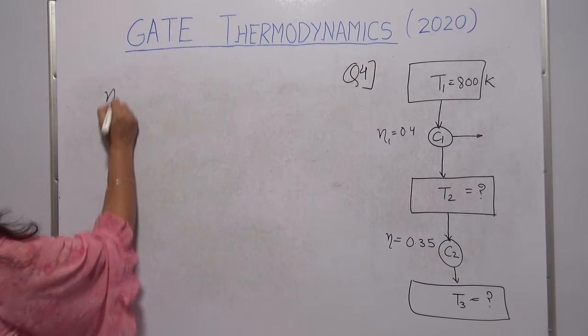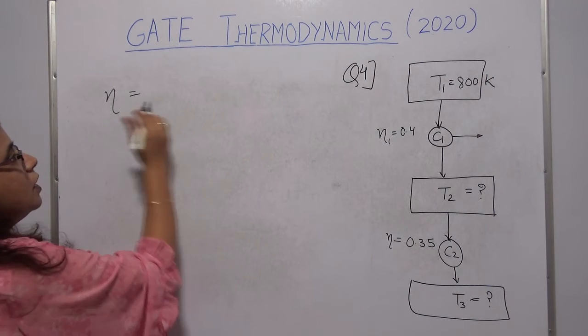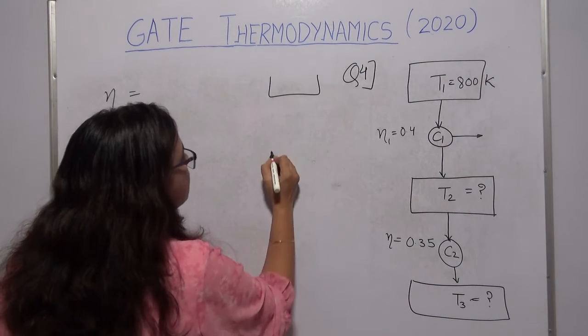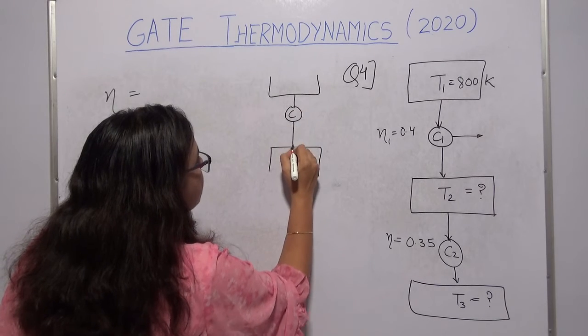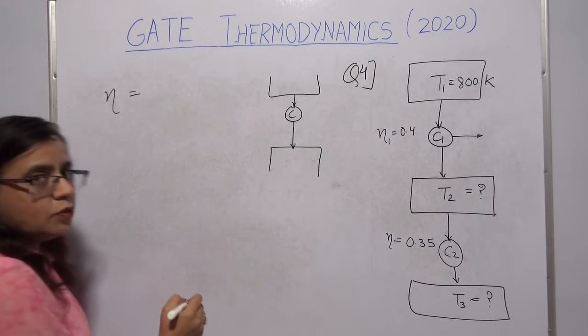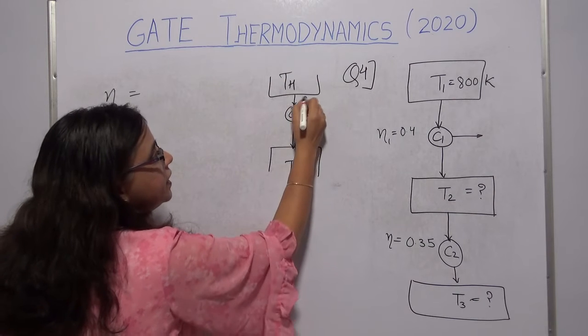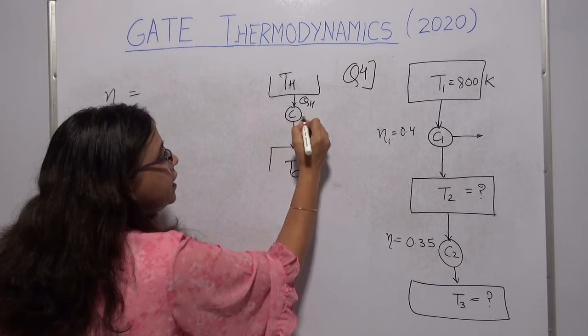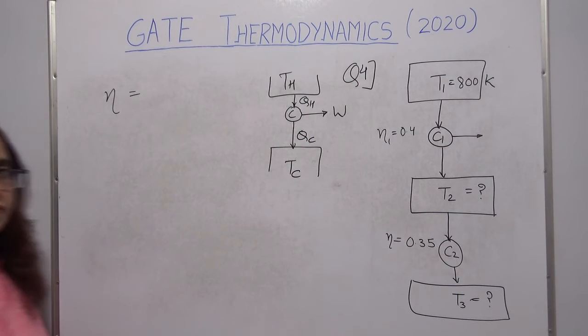Now let's write down what efficiency is. As usual I will start with the basics. Let's say I have a Carnot engine which is operating between two reservoirs, one at TH, the other at TC. It draws in QH amount of heat, does W amount of work and rejects QC amount of heat.